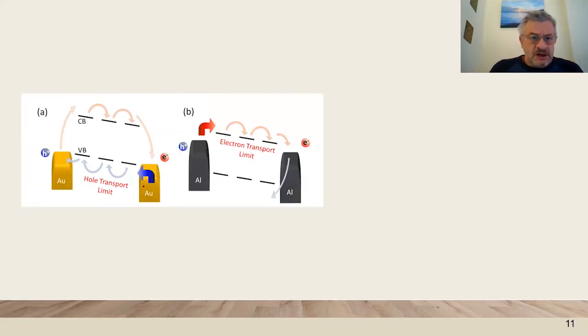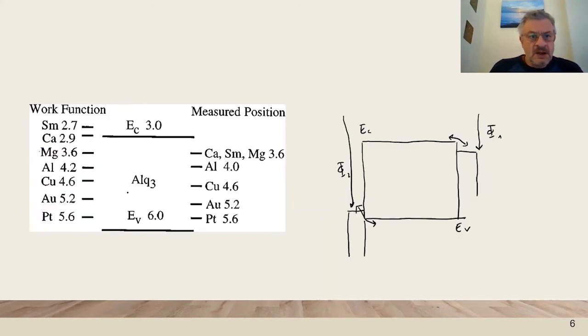By changing the contact from a low work function material to a high work function material, we can make the devices primarily conducting holes or conducting electrons, depending on the species that are injected and extracted. Here is an example of Alq3 that shows the alignment with different metals that can operate as contacts.